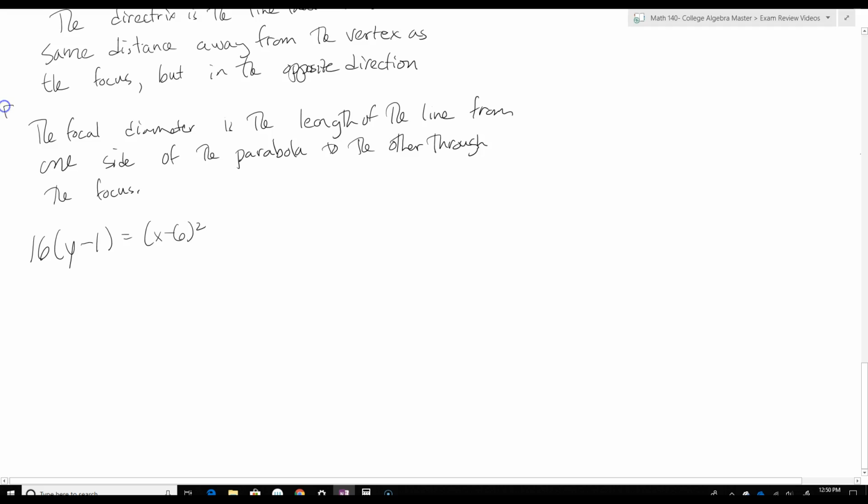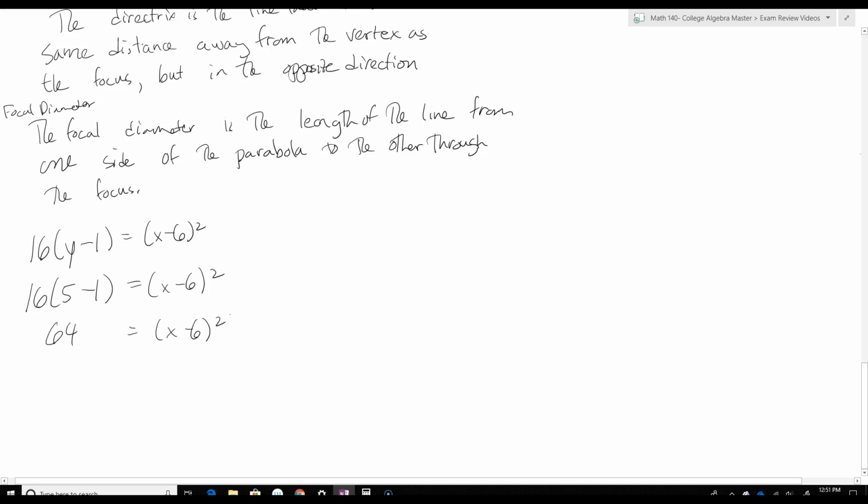Okay, and so I'm going to plug in 5 for y. So it'll be 16 times (5 minus 1) equal to (x minus 6) squared. So this ends up being 64 equals (x minus 6) squared.